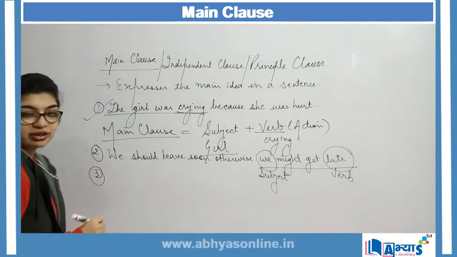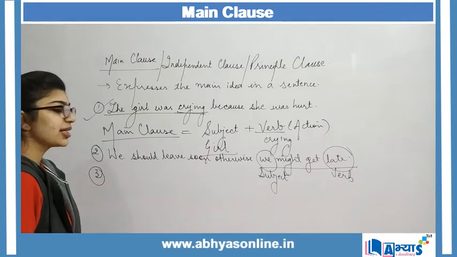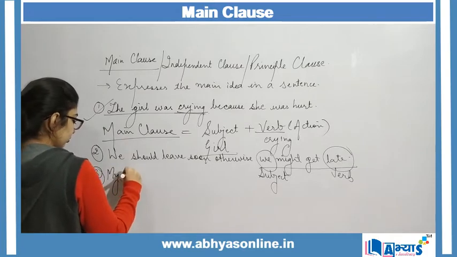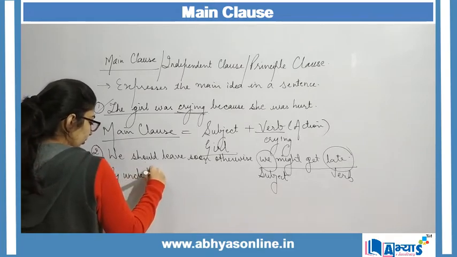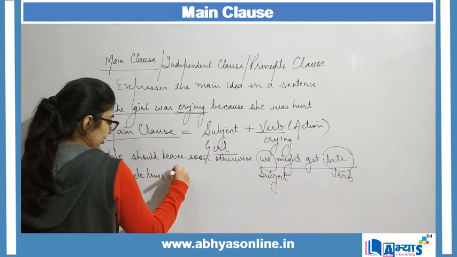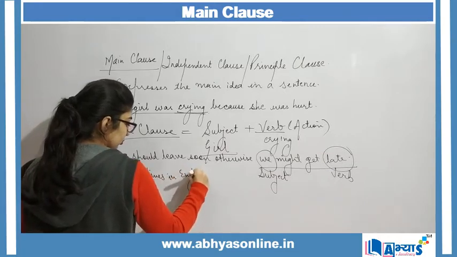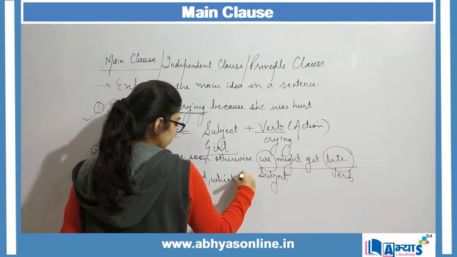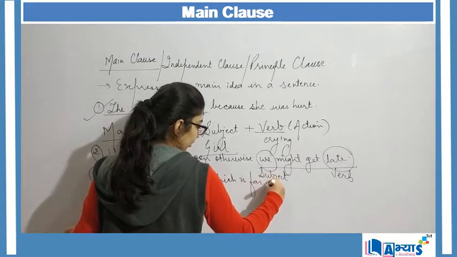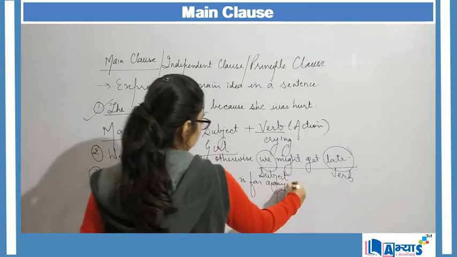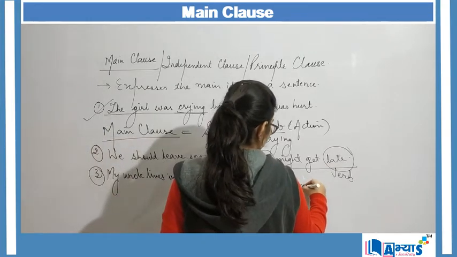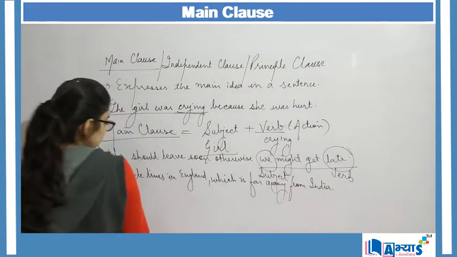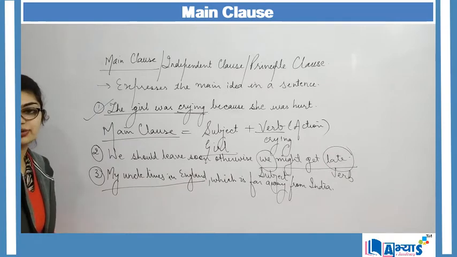I think it will be better through another example. Another example can be: my uncle lives in England, which is far away from India. I say my uncle lives in England.